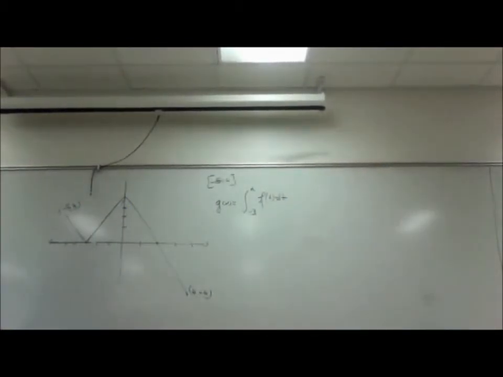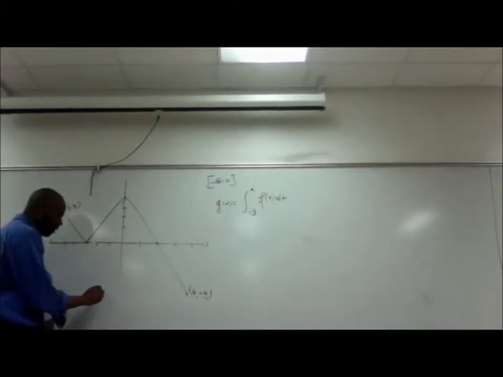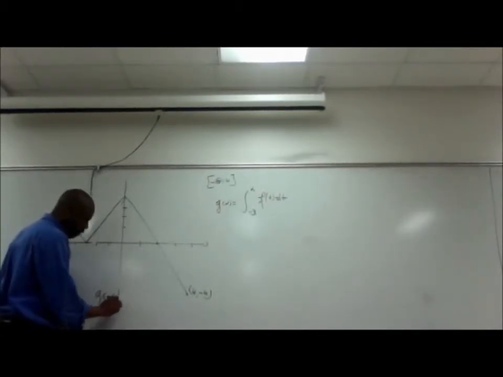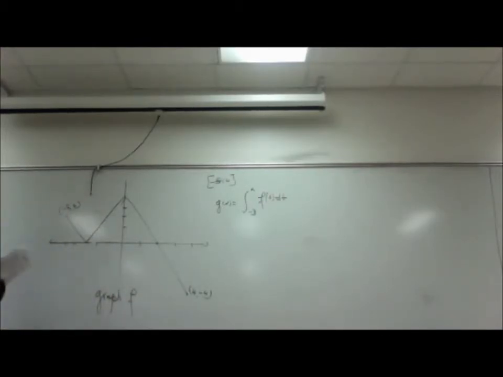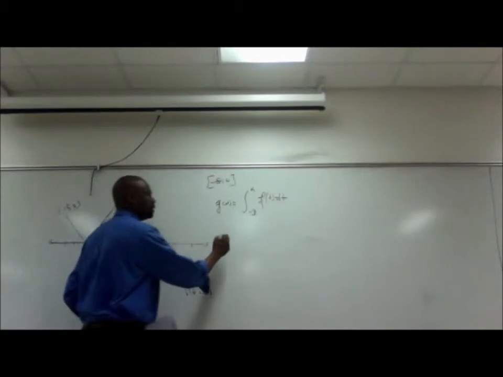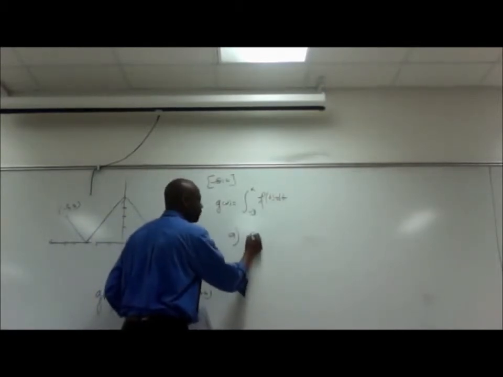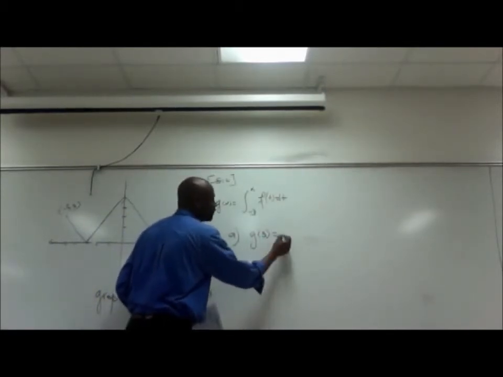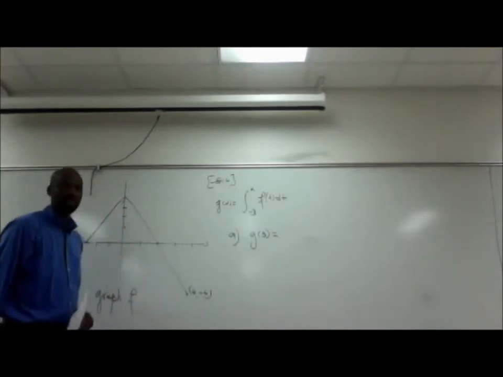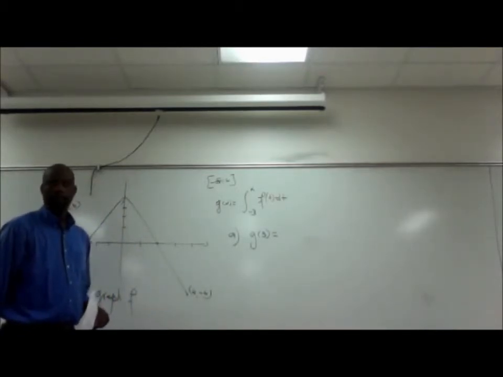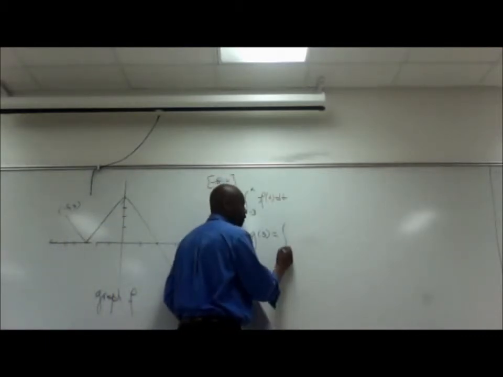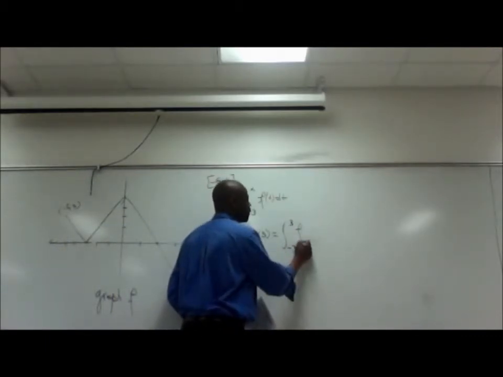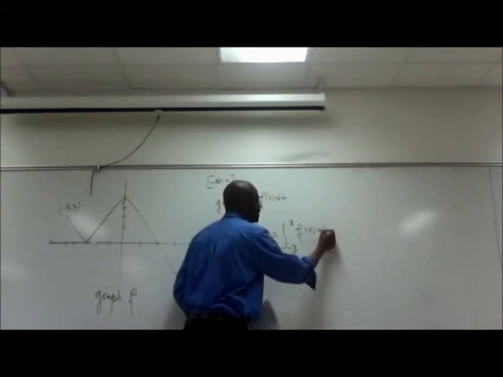So it's not f prime? It's not f prime, it's just f. All right, this is the graph of f. A. If I say g of 3, g of 3 is x equal 3. So what is it going to be? The integral from -3 to 3 of f of t dt, not t.